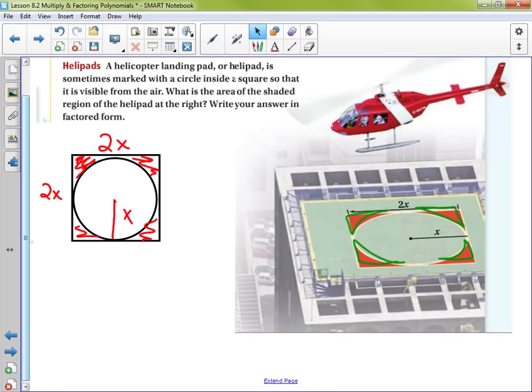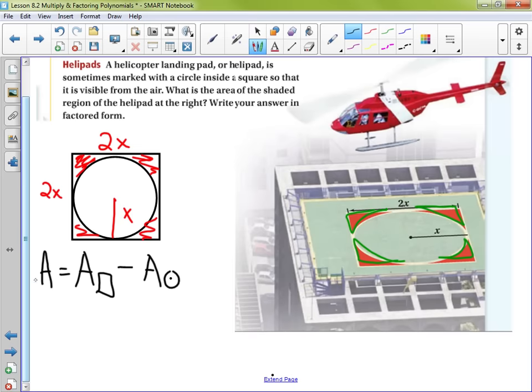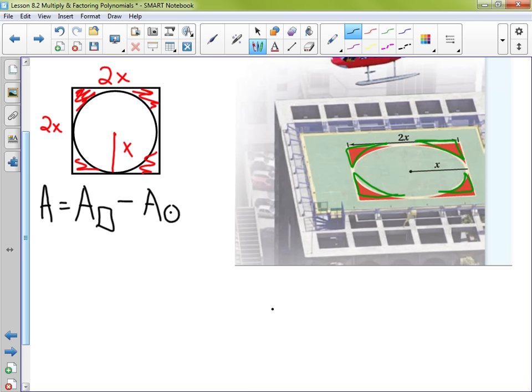So first thing you should do is make a plan. The total area that you're looking for is equal to the area of the square minus the area of the circle. That's the first step. How do you find the area of a square? You multiply one side by the other side. 2x times 2x.